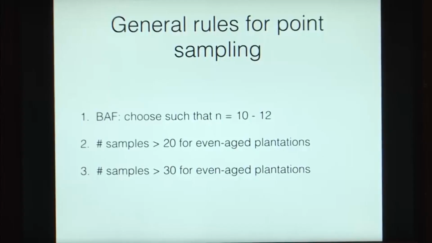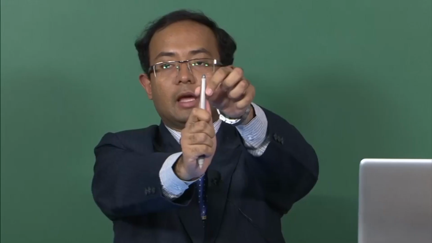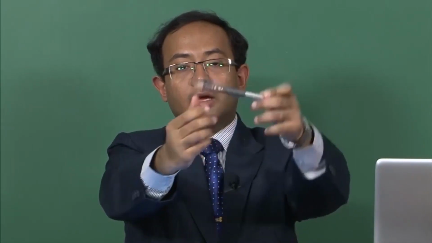Now let us look at some general rules for point sampling. Remember that we can choose our basal area factor. Essentially, whether I am taking this diameter, or maybe another diameter that is greater, or maybe even another greater diameter such as this.